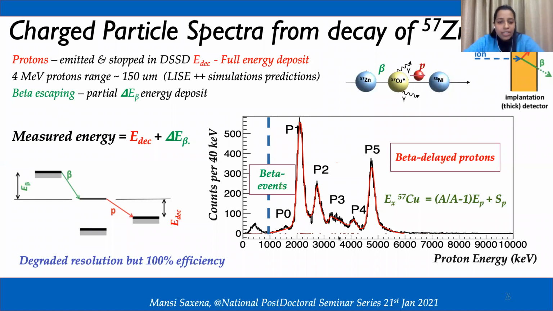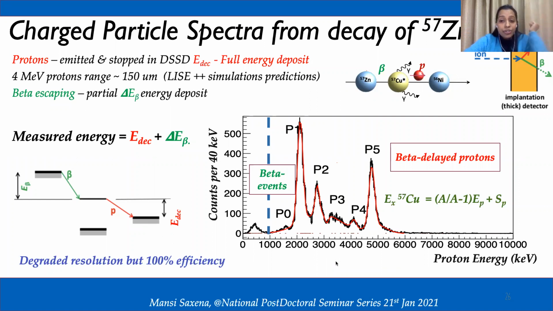So in our case, we used a thorium source for initial calibration. And with that, we had about 60 to 70 keV FWHM for the 6 MeV peak. So this is essentially the charged particle spectra which we have obtained for the decay of 57 zinc nuclei.